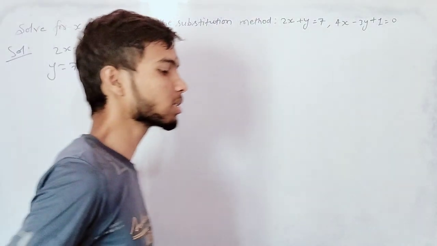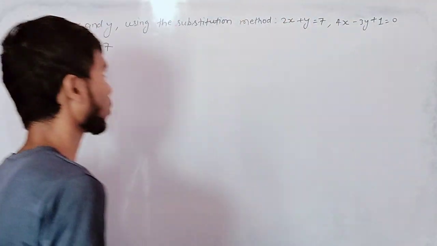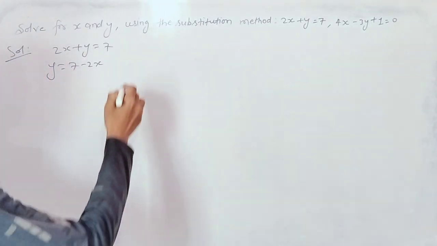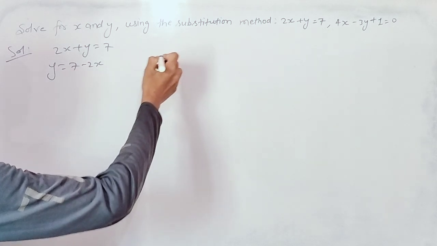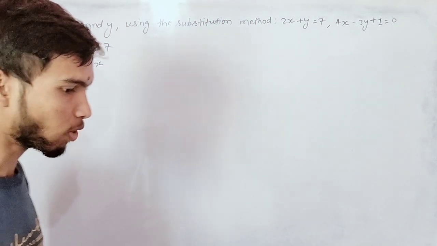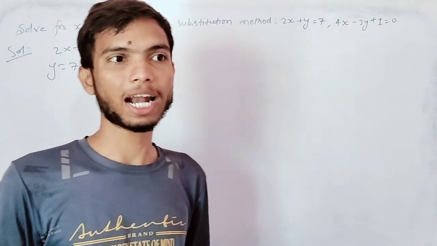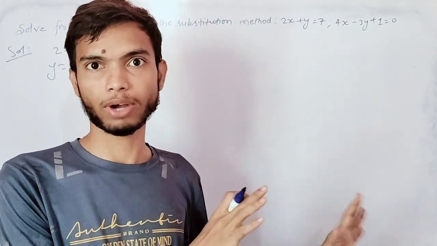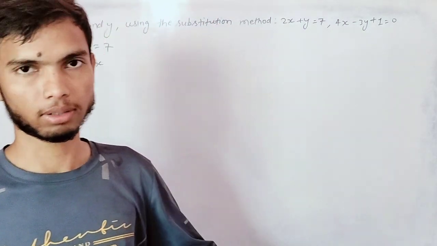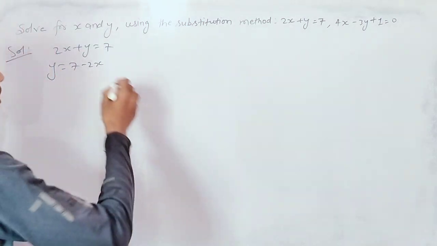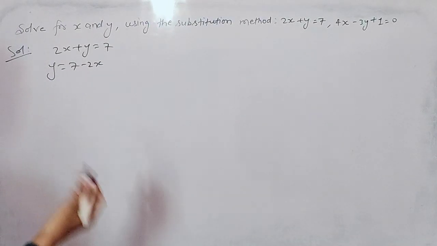Now, what does the substitution method say? It says that you find the value of one variable and then put that value of that variable in another linear equation. That's how you have to do.